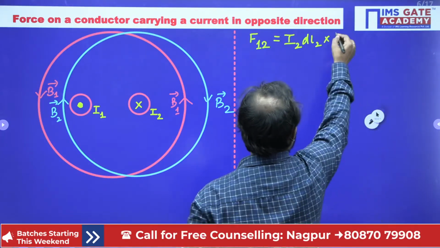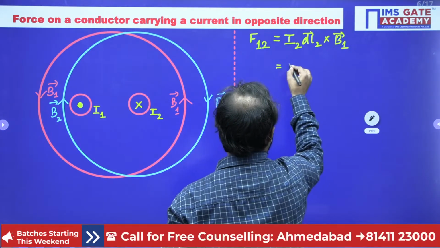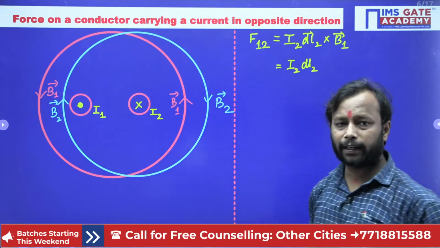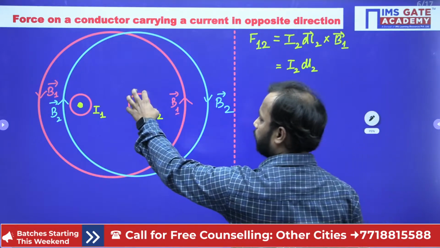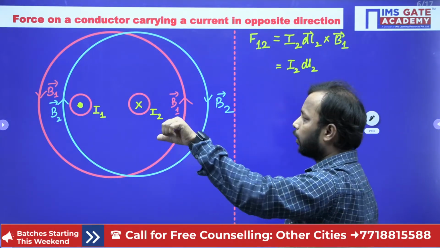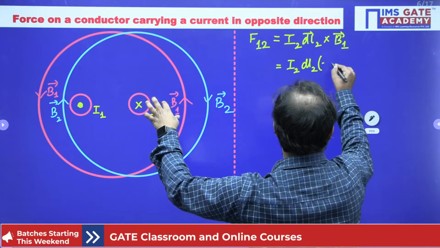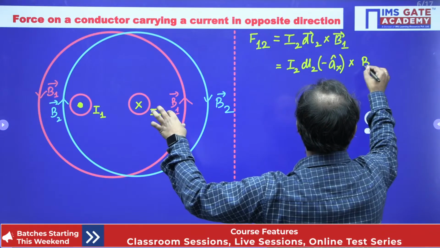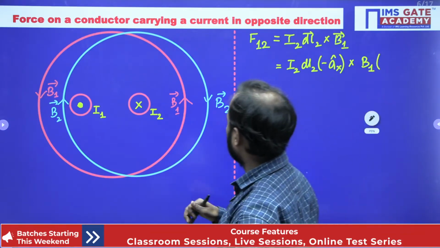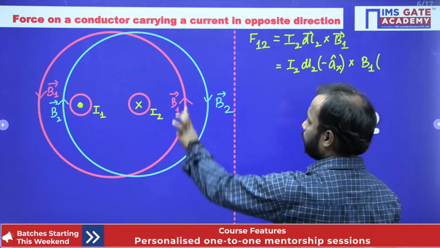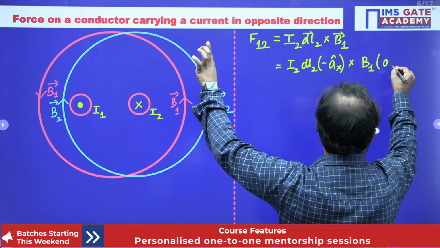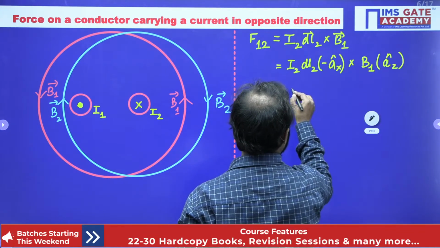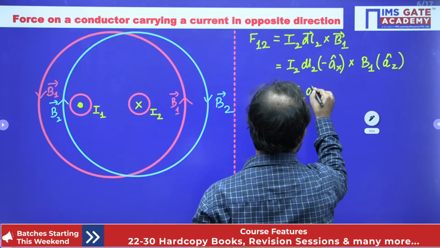This is a vector. So this is equal to I2 del L2, and what is the direction of the current element of this conductor? Since this is moving inside, this will be minus AX into B1. What is the direction of the magnetic field B1? It is upward, so it will be AZ cap. So this will give you I2 del L2.